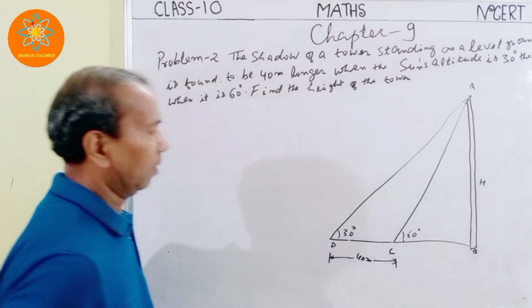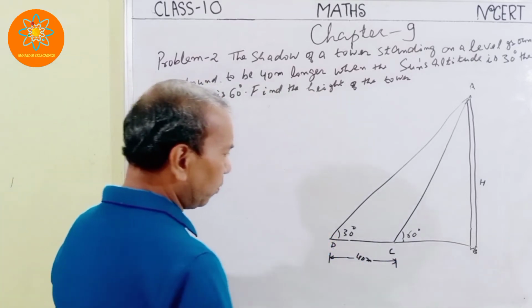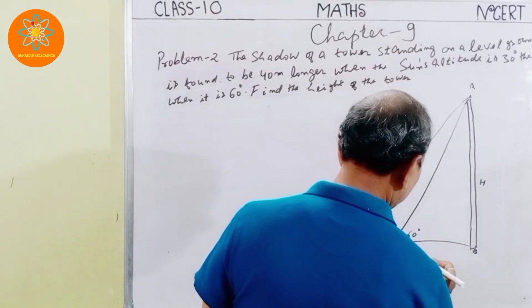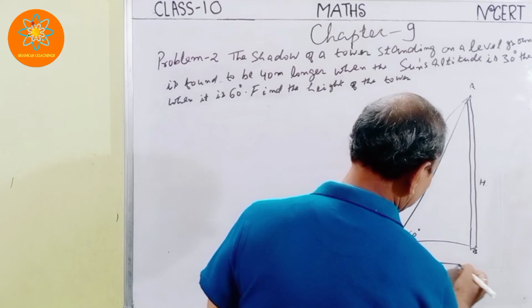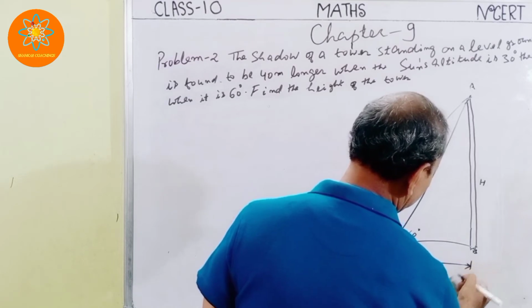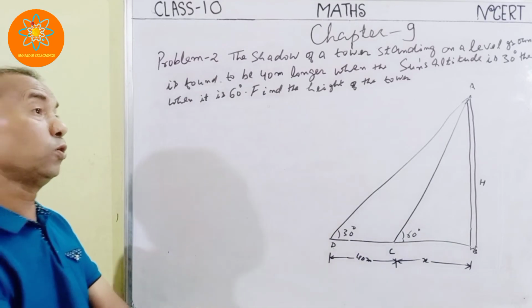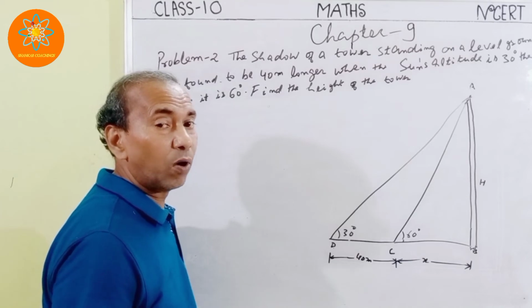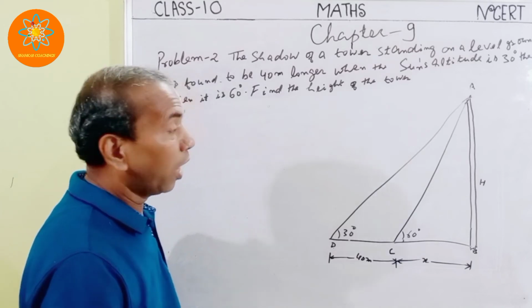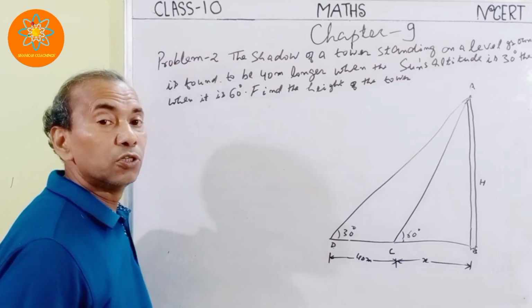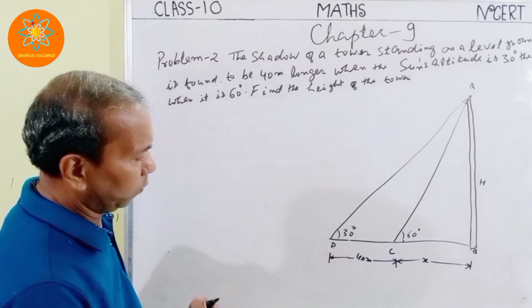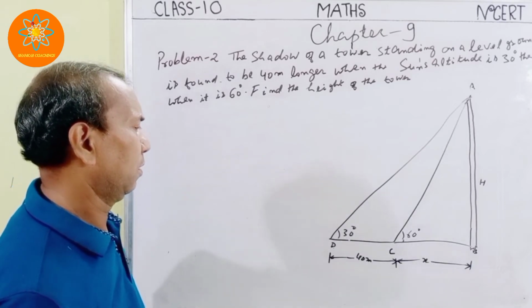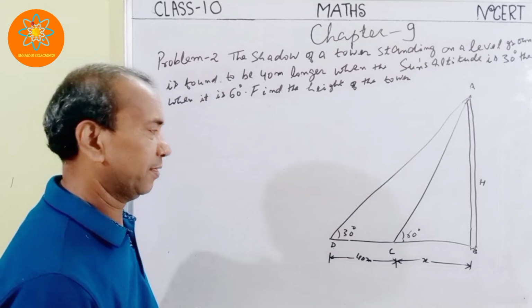Okay. Now, let's suppose this BC distance I am taking as a distance x. Now, what I told you, always remember, if you are doing problems of height and distance, then basically you try to find the right angle triangles.